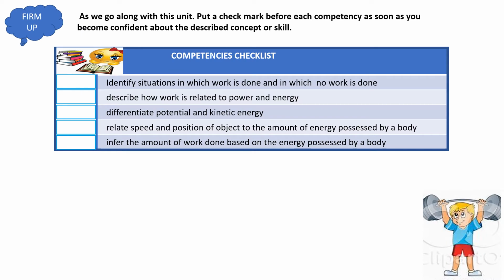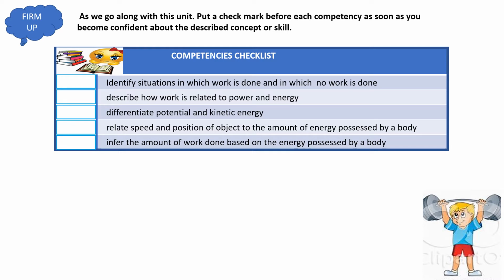Okay, so as we go along with this unit, put a check mark before its competency as soon as you become confident about the described concept or skill. So try to check the box on the left side if you are already confident. One, identify situations in which work is done and in which no work is done.